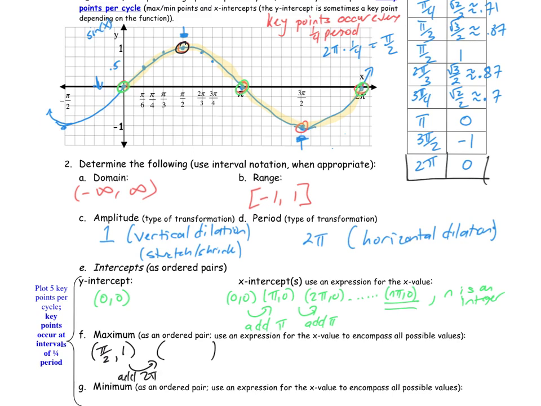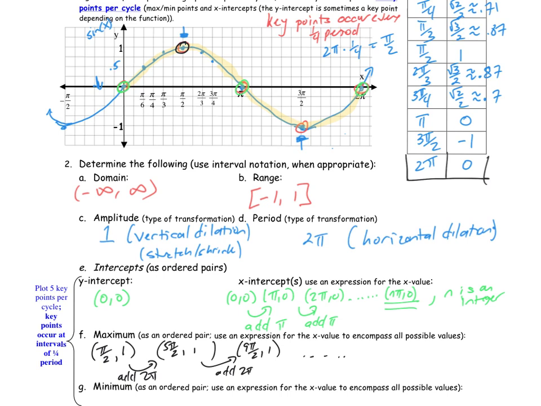So if I add 2 pi to pi over 2, I'm actually adding 4 pi over 2, so I'm going to get (5 pi over 2, 1). And then I'm going to add 2 pi again, so I can get (9 pi over 2, 1). And I can continue on in this fashion.